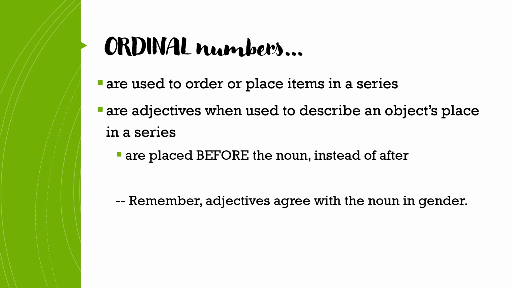Because these are adjectives, your ordinal number will agree in gender with the noun that it is describing. So we're only going to do 1st through 10th, and I'm going to give you a table that you need to copy down that gives you the number symbol, like how to draw the number 1 through 10, and then how to say the ordinal numbers in Spanish, the cardinal numbers, 1, 2, 3, 4, 5, 6, 7, 8, 9, and 10, which we've already done.